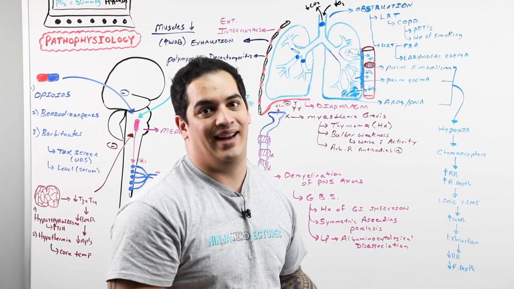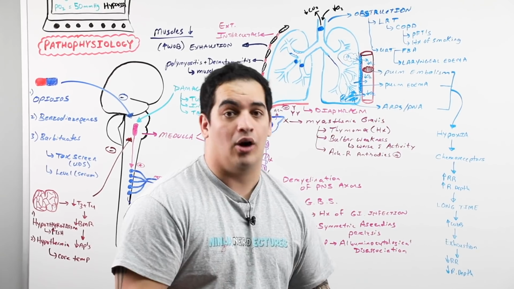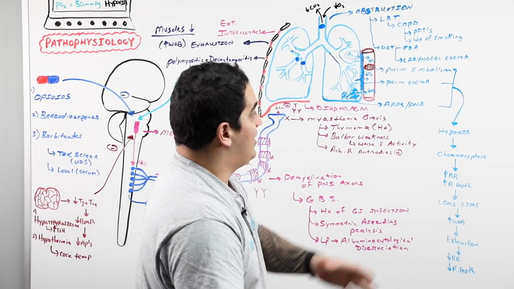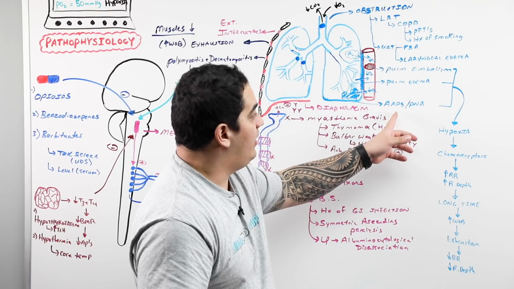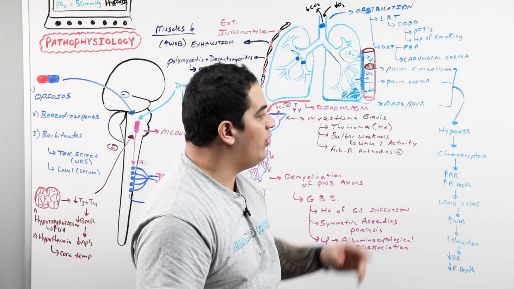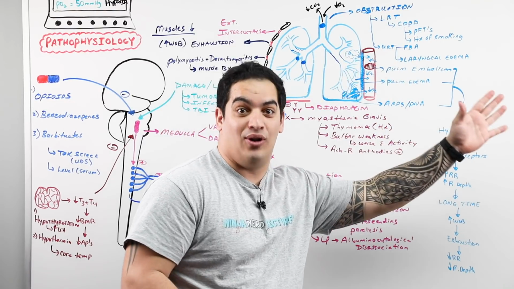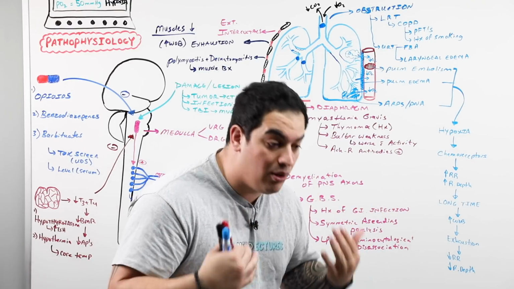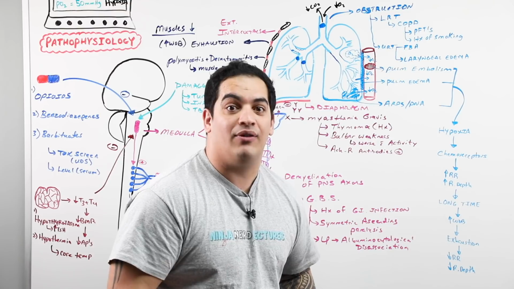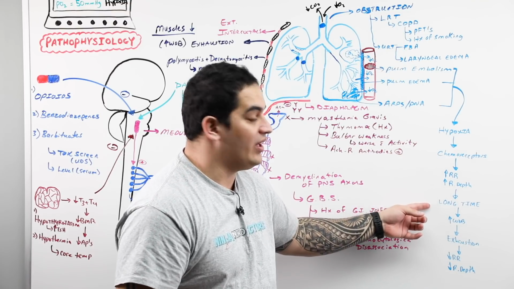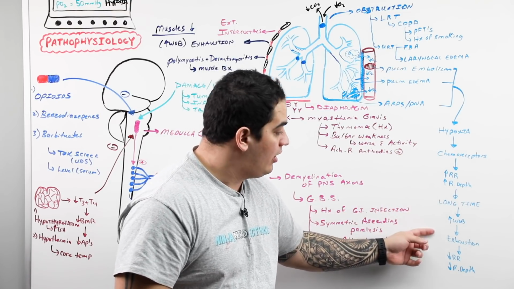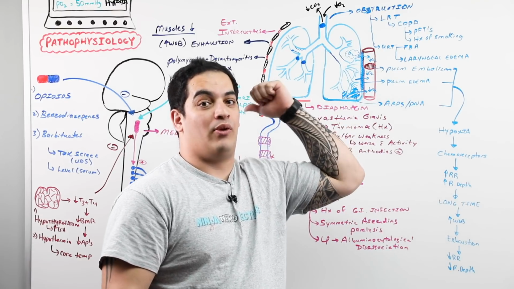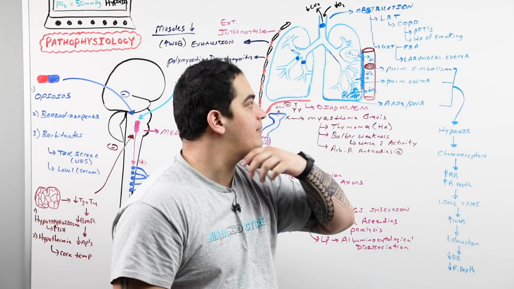It starts getting retained, and then it starts causing a lowering pH. So, acutely, if someone has a pulmonary embolism, pulmonary edema, ARDS, pneumonia, they may develop a respiratory alkalosis. But if they're not being treated and they're continuously working and working and working, and they're not getting intervention, eventually those muscles will give way, tucker out, and they'll start developing exhaustion and start retaining CO2 and develop a respiratory acidosis. Okay?